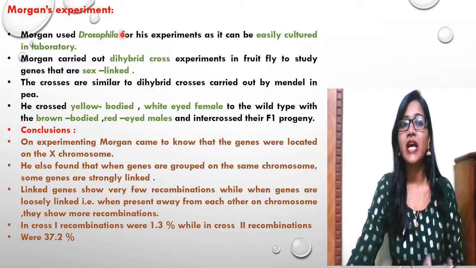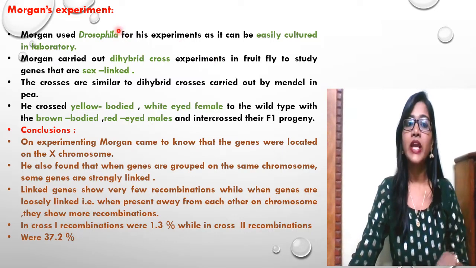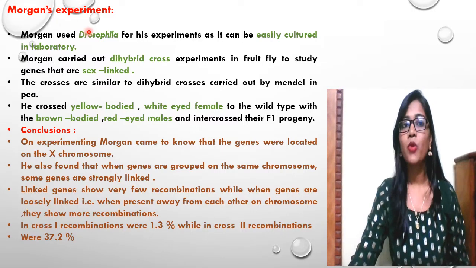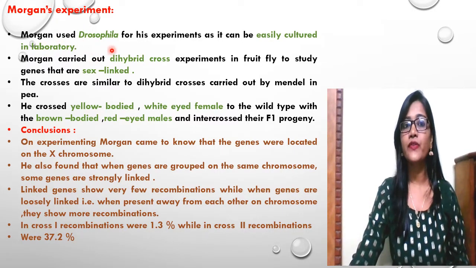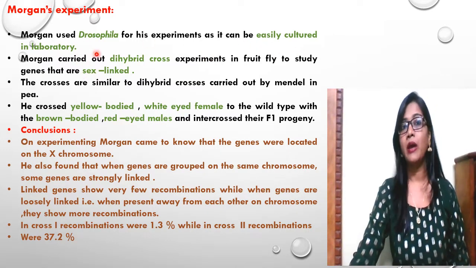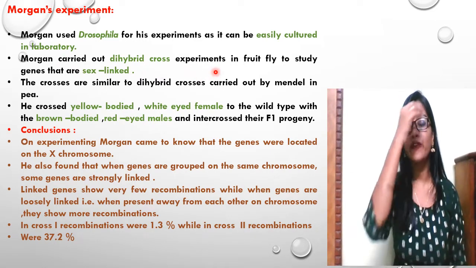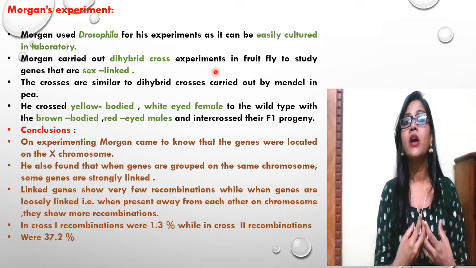If a question is asked on Morgan's experiment, you have to write these kinds of points stepwise. So what did Morgan actually do? Morgan used Drosophila for his experiment as it can be easily cultured in the laboratory. Morgan carried out dihybrid cross experiments. We have studied the dihybrid cross, when two different types of characters are crossed.